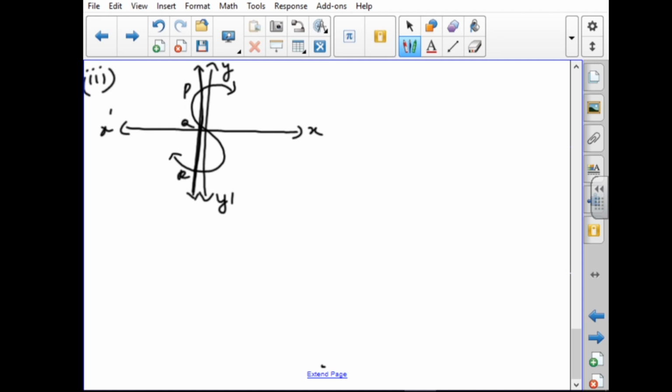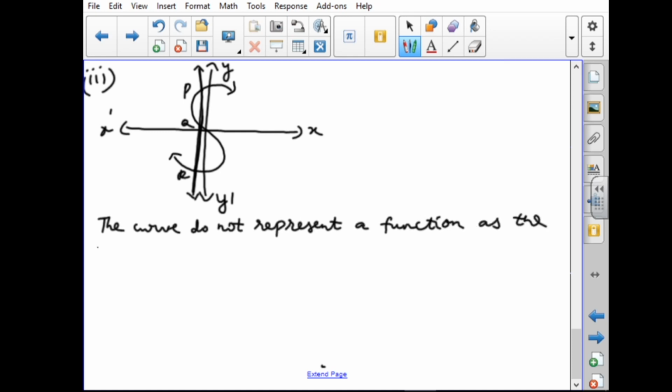So you have to write the reason also like that. The curve does not represent a function as the vertical line meets the curve at 3 points.